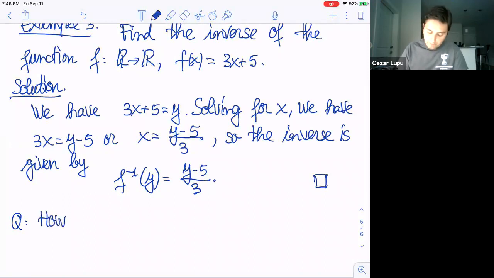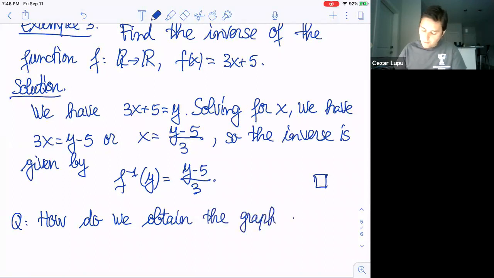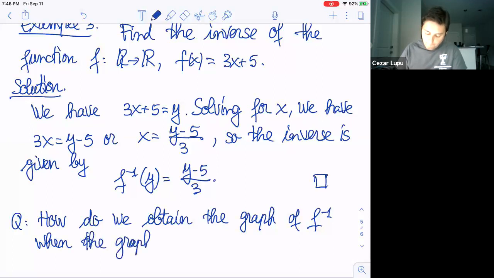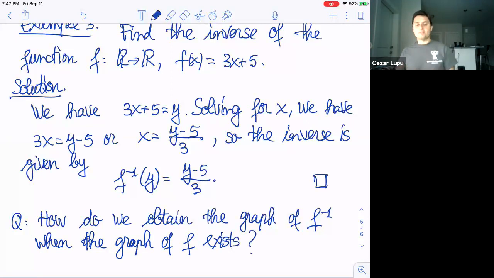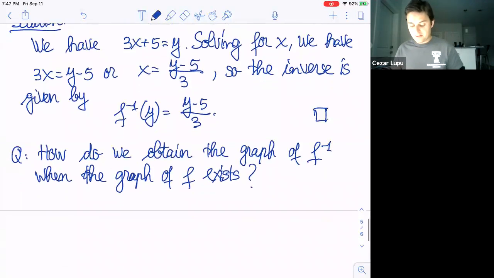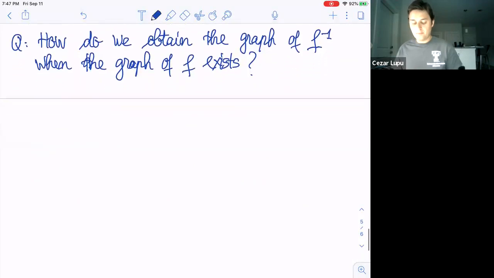How do we obtain the graph of f inverse when the graph of f exists? That is the question. And there will be this famous, this amazing property of these two functions, f and the inverse of f.